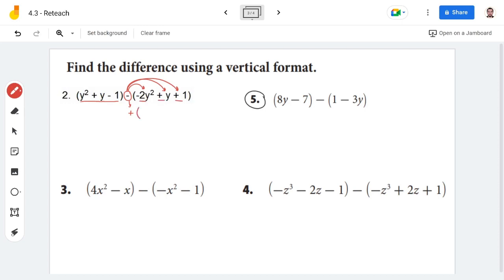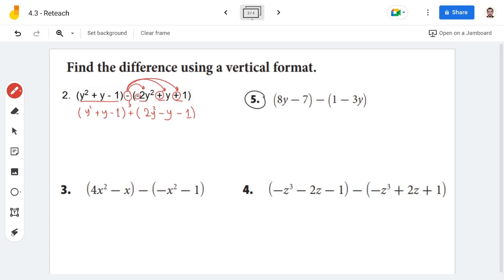So it will be 2, this one is negative, so it will be positive 2y squared. This one is positive, it will be negative y. This one is positive, it will be negative 1. Okay, so now look at your question, y squared plus y minus 1.